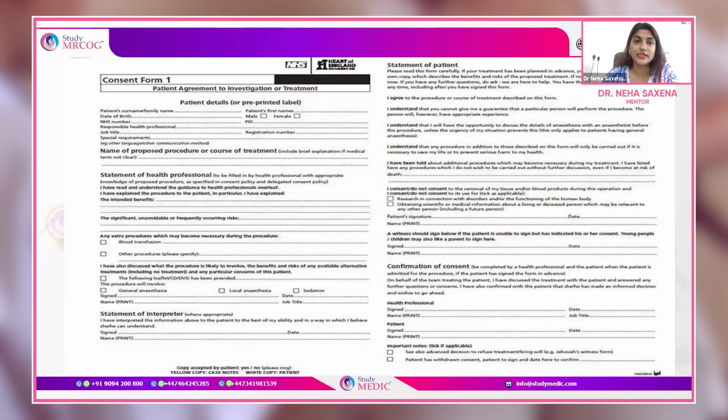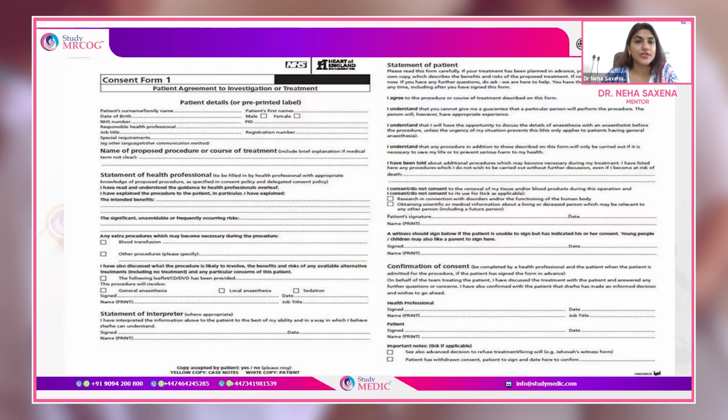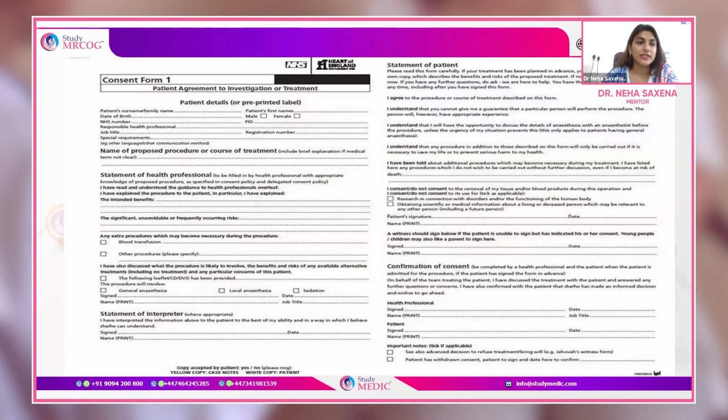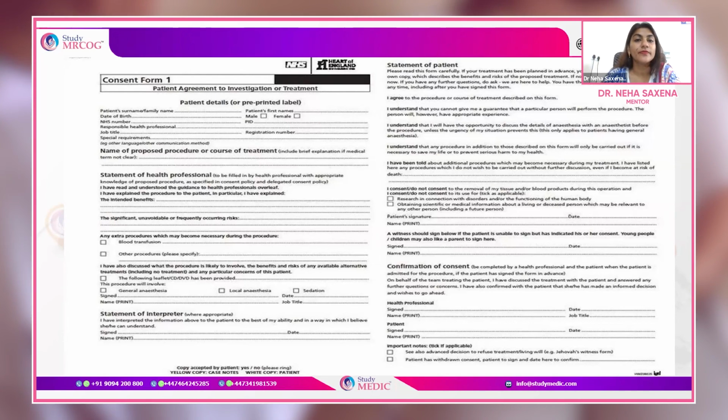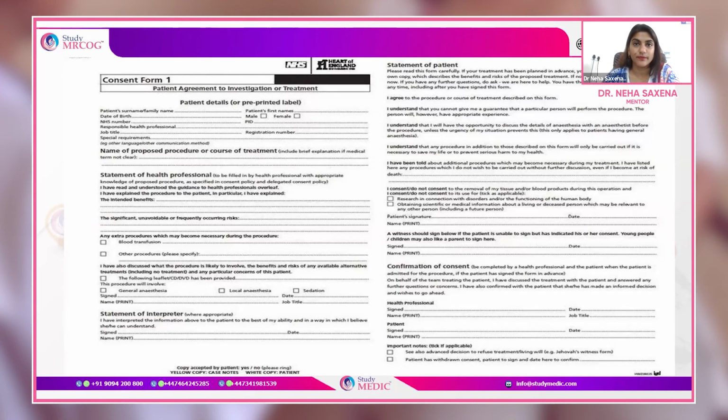For your reference, this is just a consent form, and such type of consent form would be given to you in the exam. So quickly go through this consent form, and if you want to practice, then you can just take a printout of this form, sit with the role player or any friend of yours, and just start filling the consent form.